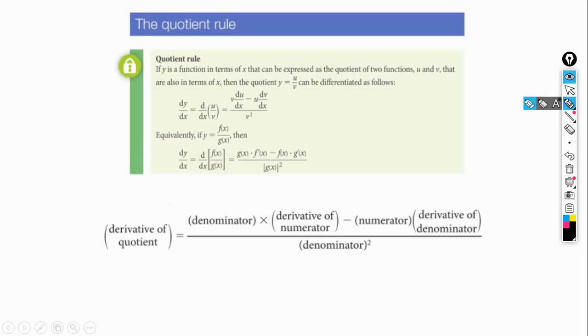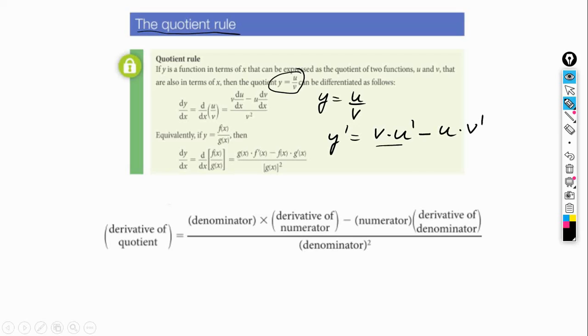So this is definitely a point of inflection. Okay, so in the next slide, you're going to find the quotient rule. So the quotient rule is the rule you would apply for the derivatives of expressions such as u divided by v. So if we have a function y, which is equal to u divided by v, then the derivative of y would equal the denominator v times the derivative of the numerator minus the numerator times the derivative of the denominator divided by the denominator squared.